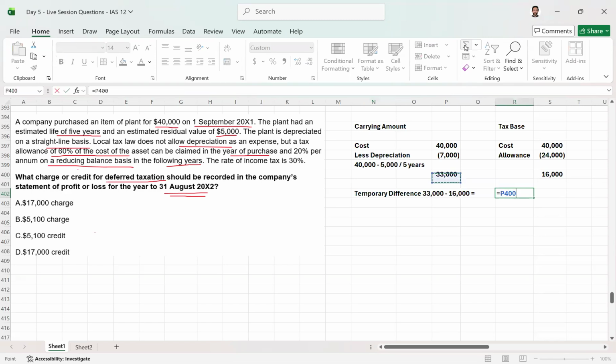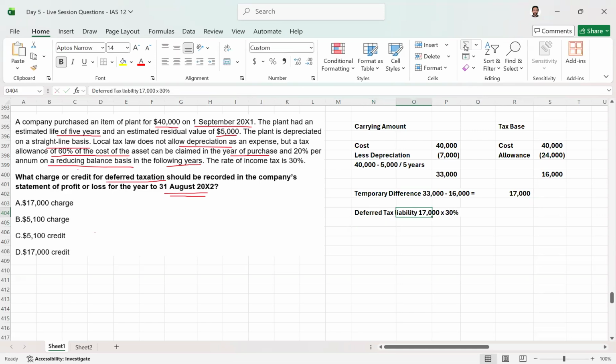So that is 17,000. And we have the deferred tax liability in this case. That is going to be 17,000 into the tax rate that they apply, which is 30%. So that is going to be 17,000 into 0.3, which is 5,100. The question is asking us what charge or credit should be recorded in the company's statement of profit and loss.